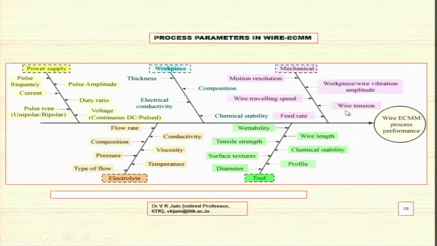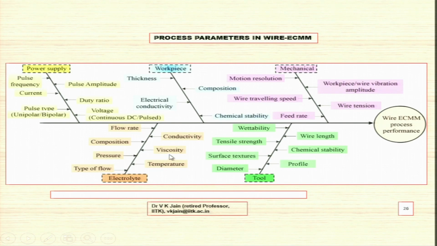And then wire tension. Then you have electrolyte parameters like type of flow, pressure of the electrolyte, composition of the electrolyte. This you have to decide according to the workpiece material, pure metal or alloy. Then flow rate of the electrolyte, conductivity K of the electrolyte, viscosity of the electrolyte and temperature.